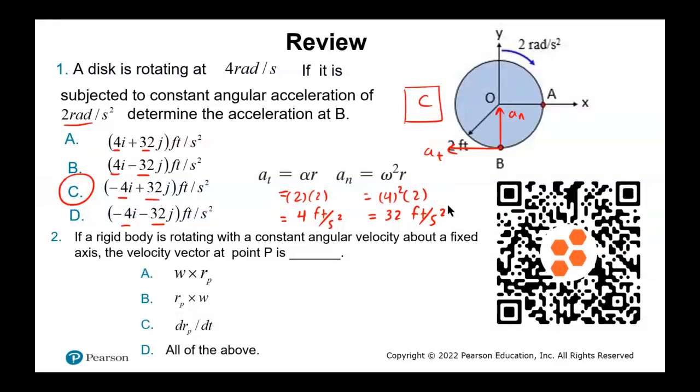The second question: if a rigid body rotates with a constant angular velocity about a fixed axis, the velocity will be omega cross product of r_P. This is not this one. Why? Because this one is equal to minus r_P cross omega.